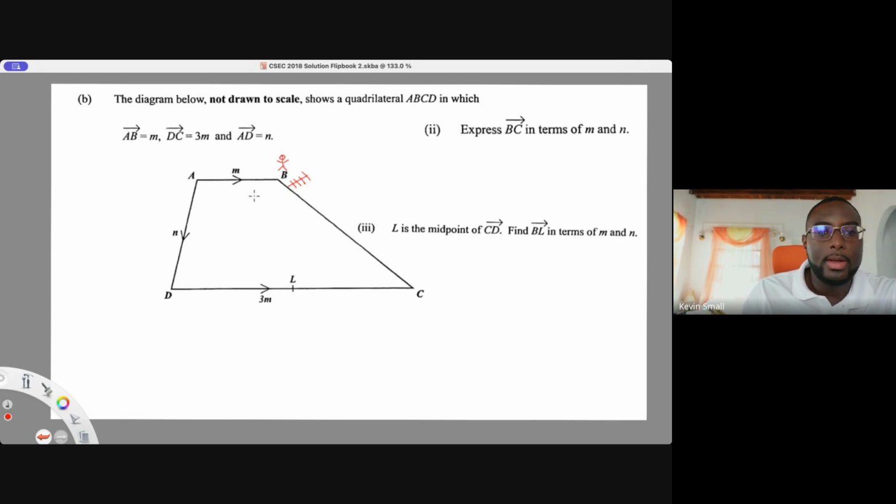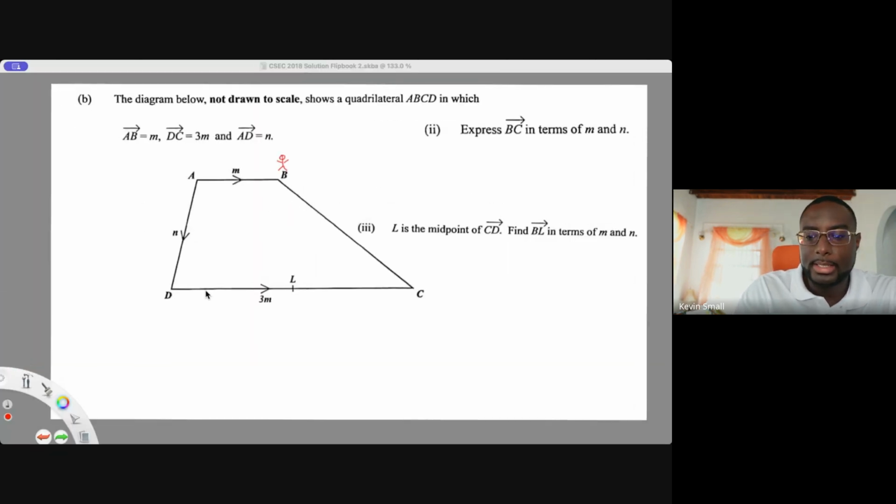Can someone tell me how I can do that? Tell me in terms of m and n. I want someone to unmute their mic and give me this walkthrough very quickly. How would you get from B to C going the long route?